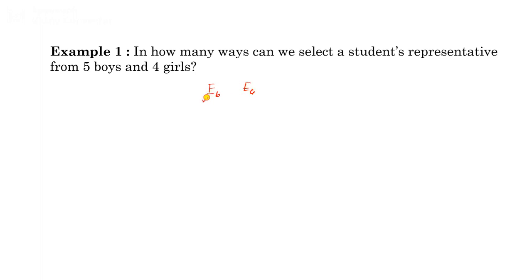Either this can be done or this can be done. You can select a boy in 5 ways, any boy out of 5 boys, and any girl out of 4 girls, so this is given by 4. You can select a representative using this one or using this one. So the total number of ways is 5 plus 4, which is 9. In this way you can apply the sum rule.